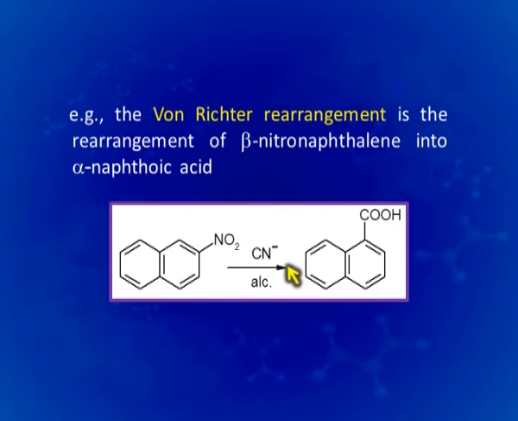Now, what would one expect here? One would expect that this cyanide would replace this nitro and form an intermediate. This happens to be the suspected intermediate in this case. But is it true? That has to be confirmed.